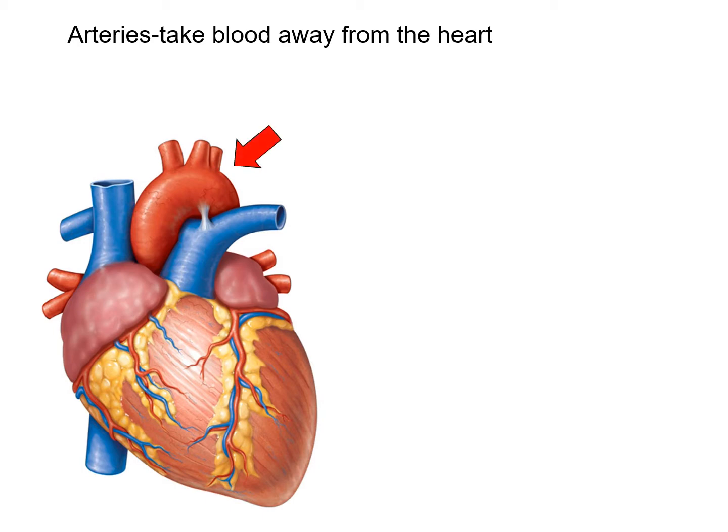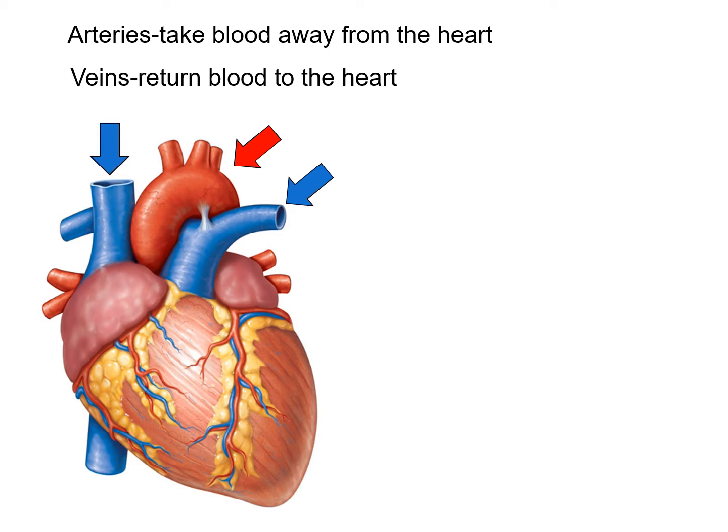The aorta, which supplies blood to the systemic circulation, and the pulmonary trunk, which supplies blood to the lungs, are examples of arteries. Veins return blood to the heart. The superior vena cava, bringing blood back from the systemic circulation, and the pulmonary veins bringing blood back from the lungs are examples of veins.